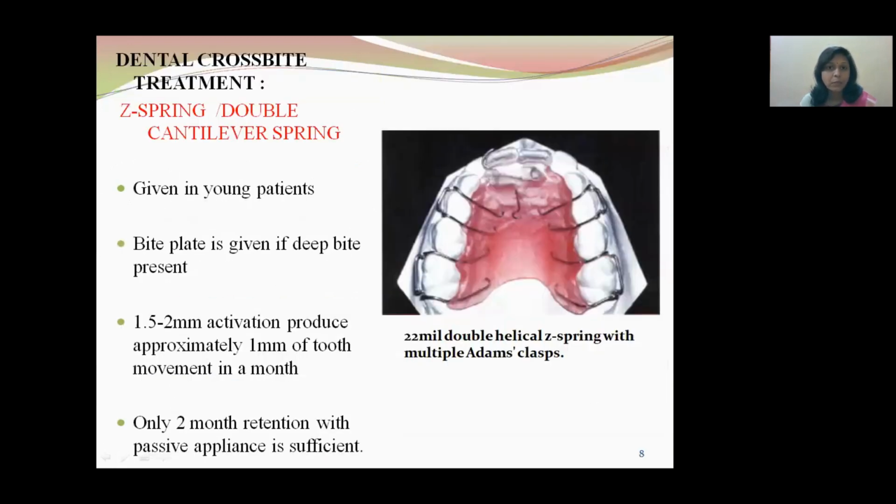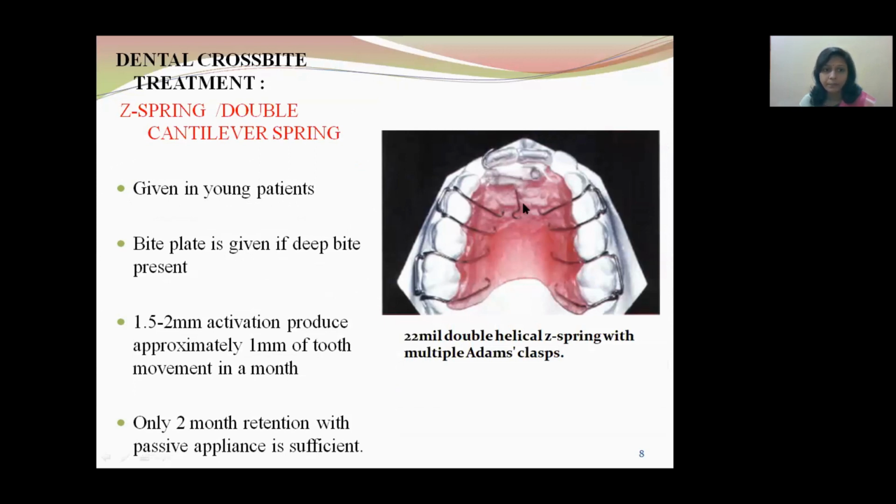The next appliance we can use is the jet spring or double cantilever spring appliance. That is a removable appliance, a removable plate incorporating a jet spring, with which we can push the lingually positioned incisors in a labial direction.